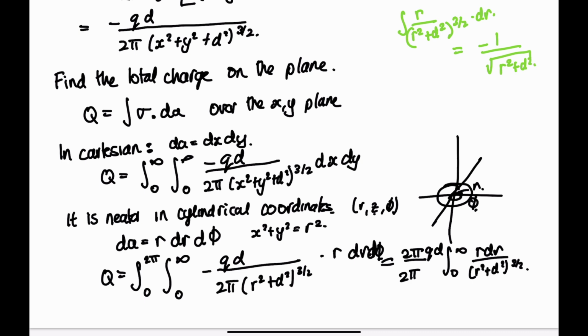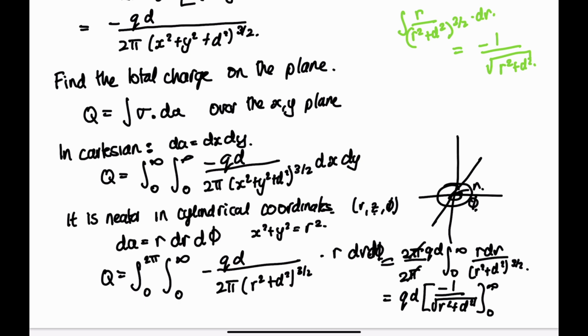Okay, so let's substitute that in. So this is equal to Qd, and then we're evaluating minus 1 over the square root of r squared plus d squared at 0 and at infinity.